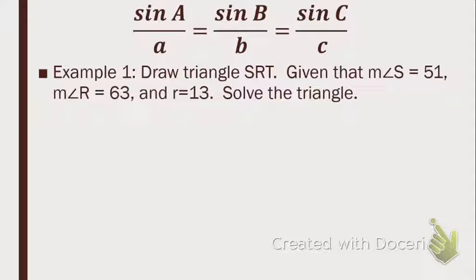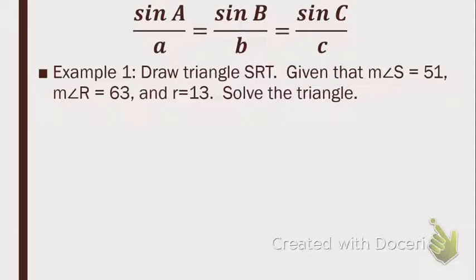So in order to do law of sines, you have to know a pair. So you have to know at least one pair, meaning you need to know an angle and the opposite side. So you need to have one angle and one opposite side in order to do the law of sines.